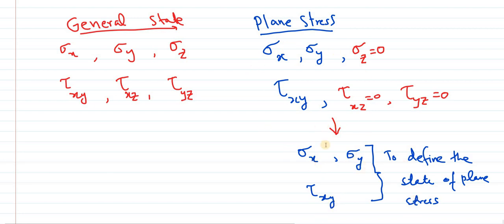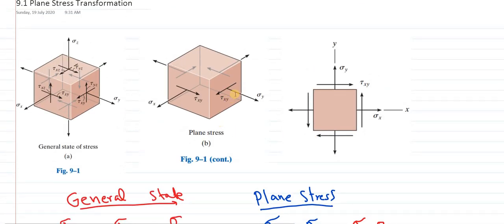In this particular case, I'm repeating, we are assuming that the stresses along z are 0, and all the non-zero stresses are acting in the xy plane. Some are directed along x, some along y, but they are all in the xy plane.